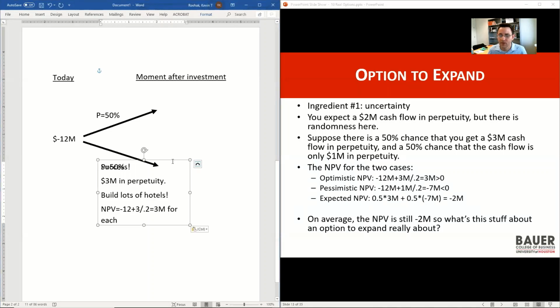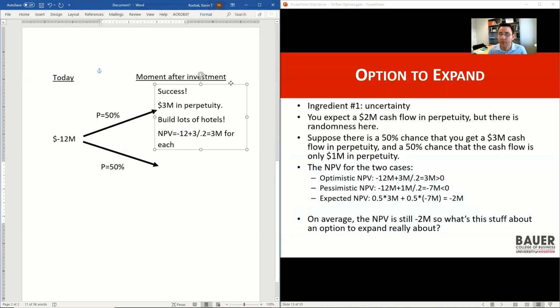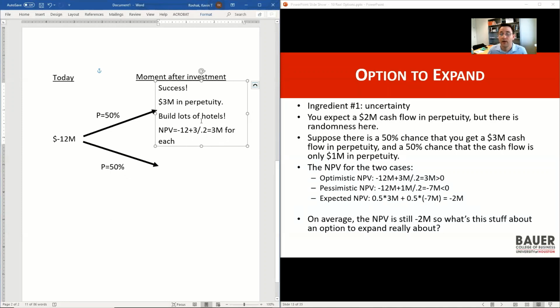So in the top case, things are good. Let's put that up here. We get $3 million in perpetuity. That gives us an NPV of 3 million for each hotel. So if we build 10 hotels, right after you put in the $12 million, you learn if things are good, you just multiply that by 10. You get a positive $30 million now in NPV because you expanded.